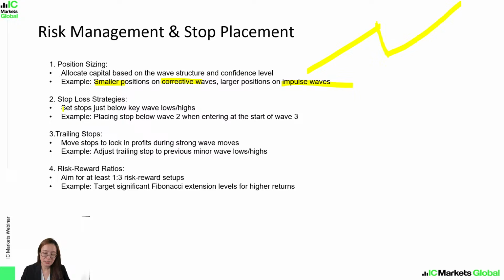Okay, for stop loss strategy, you should set the stop loss below the key wave low or high. For example, you should place the stop loss below wave 2 when entering at the start of wave 3, here.